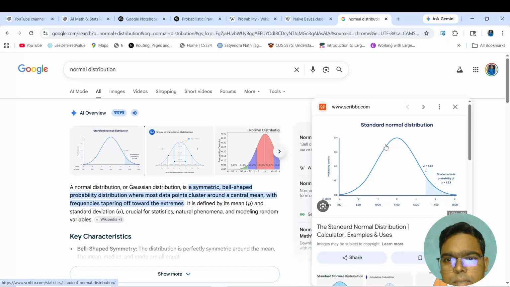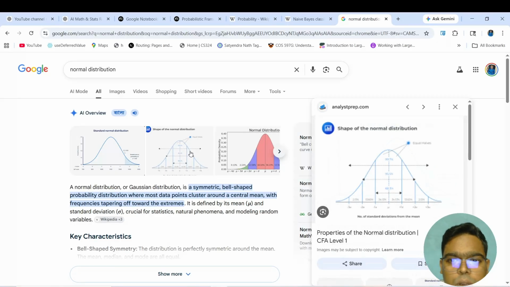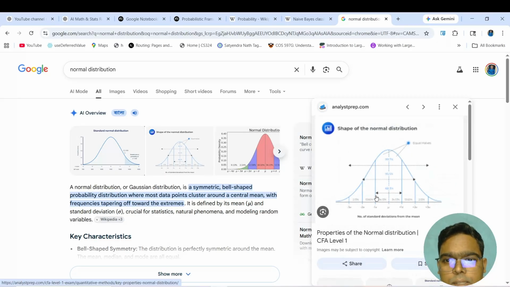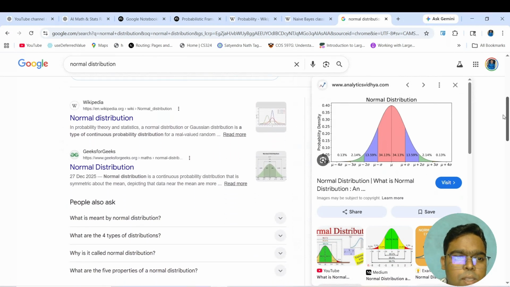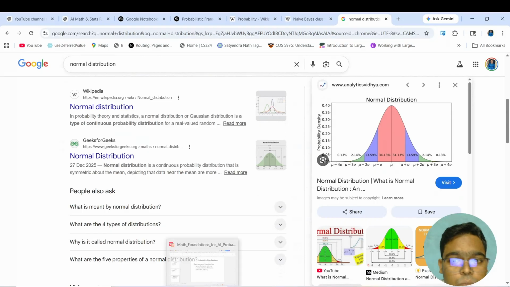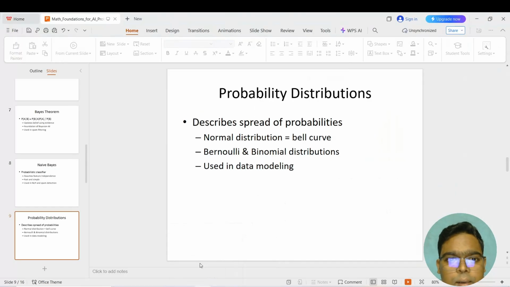This is the standard normal distribution. The shape is a bell shape, with mu, mu minus sigma and mu plus sigma. It is a symmetric bell-shaped probability distribution, and it is the most important one used in AI. Bernoulli and binomial distributions are also there.